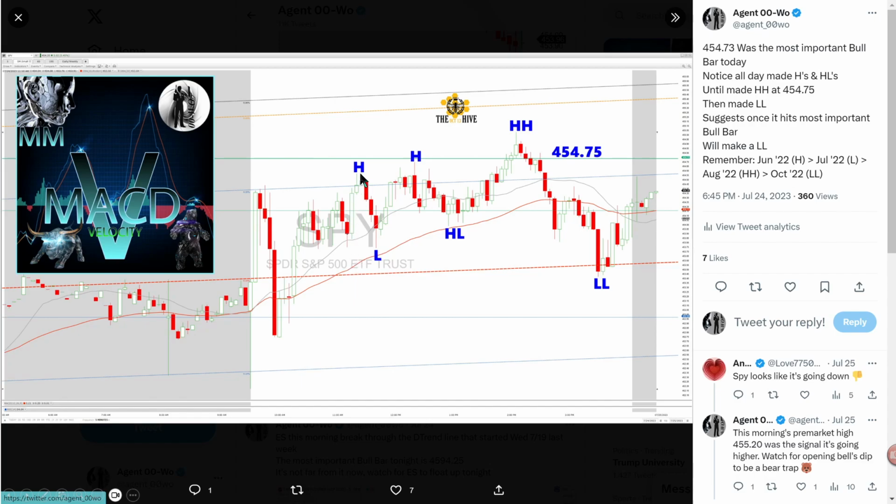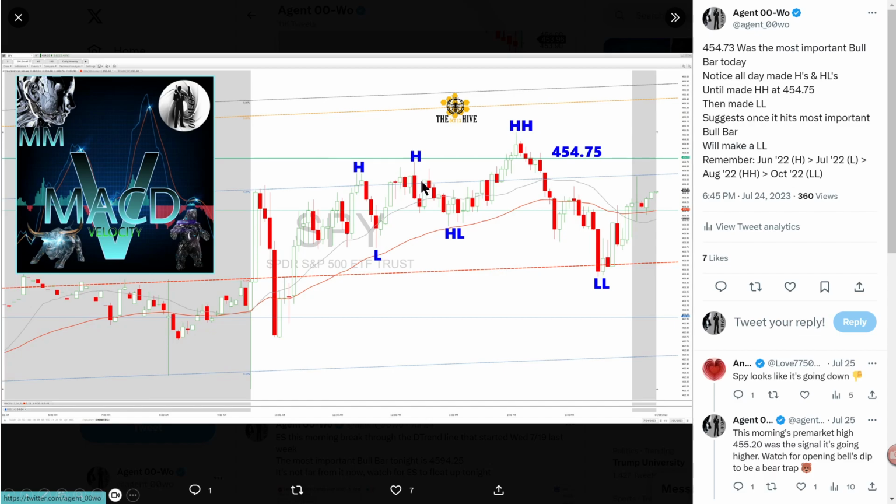You get this stair step up, resulting in the highest high and then a lower low. The highest high and the lower low generally always come when it is closest to its final target.